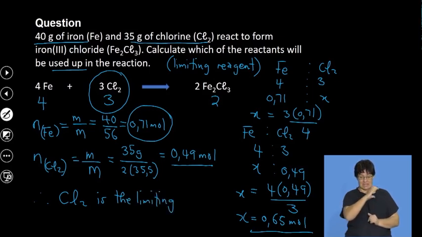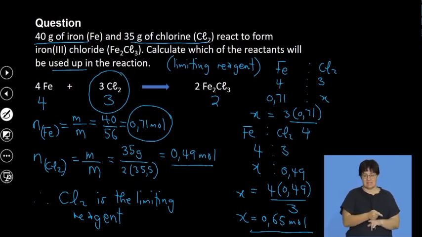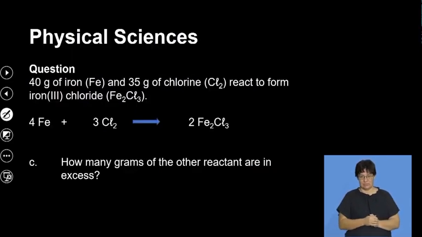If chlorine is the limiting reagent, what does it say by implication? It says that iron is the one in excess, because of the 0.71, only 0.65 moles of iron will react based on the stoichiometric ratio. Then the follow-up question says, how many grams of the other reactant are in excess? Very important question.